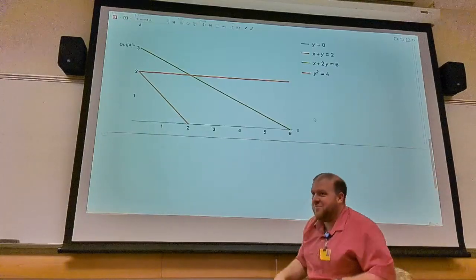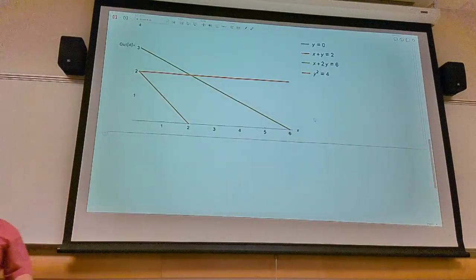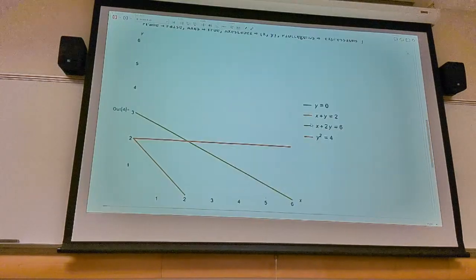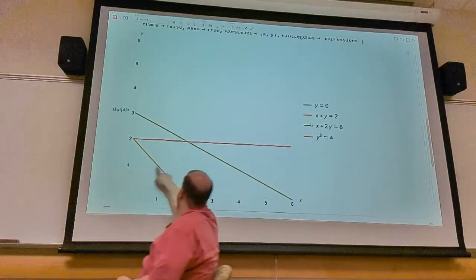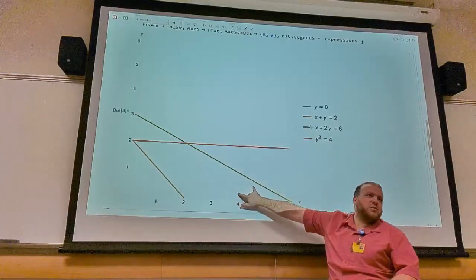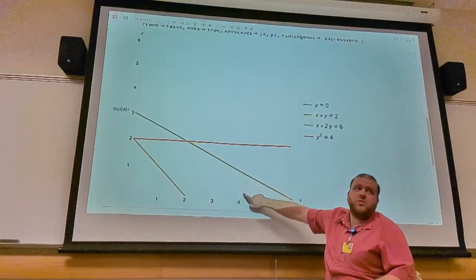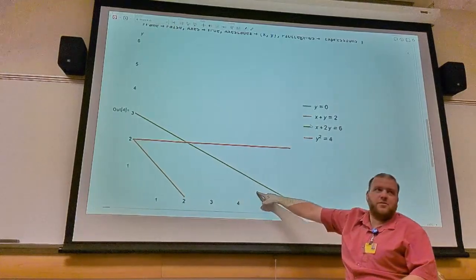That's too high. This would be the two-dimensional projection, right here, this region in here. You see that?